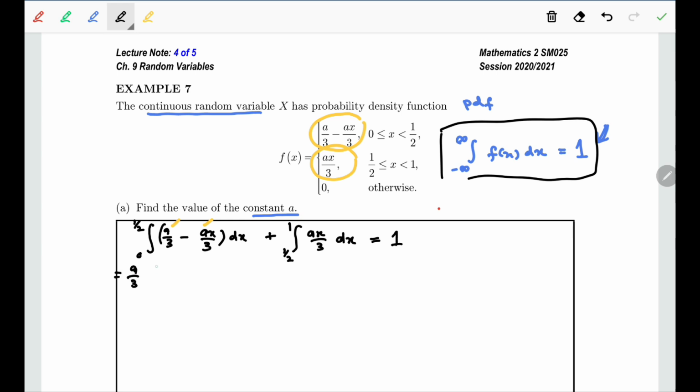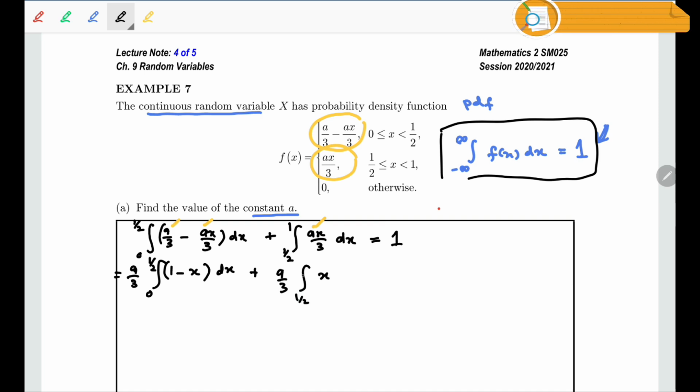So then we will get a over 3 integrate 1 minus x dx with the limit 0 to 1 over 2, plus, with this one also we can take out the a over 3. Then it will make it easier for you to integrate, equals to 1. Okay, then we are going to integrate.